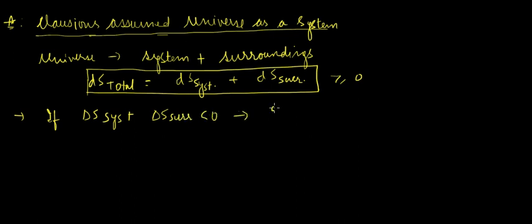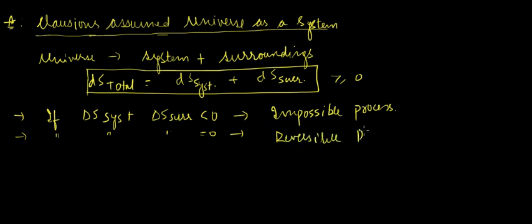If it equals 0, then this is a reversible process. And if delta S system plus delta S surroundings is greater than 0, then it's an irreversible process.